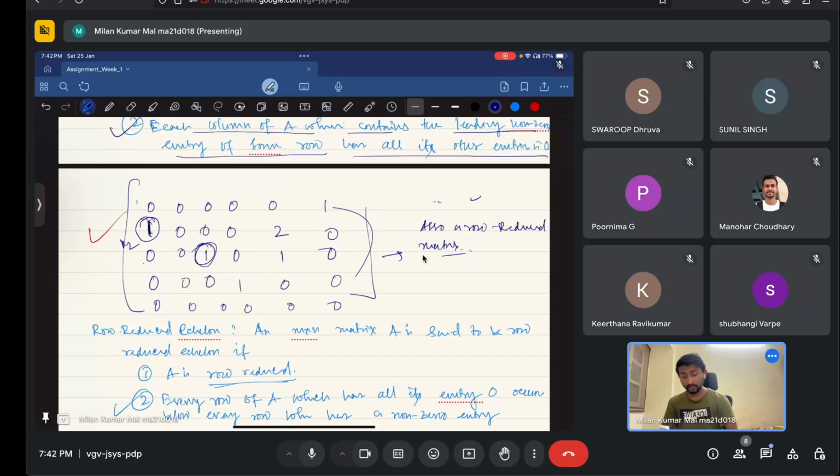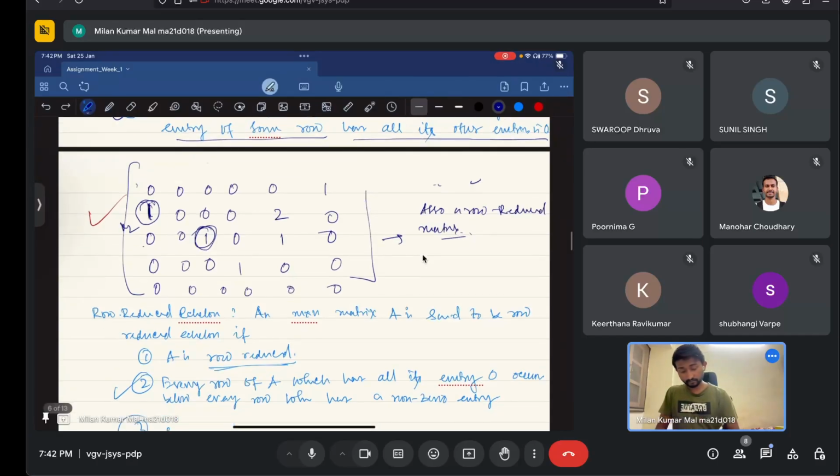What we have to do here is, this will be the first row, I'm just pointing out, this will be the second row, this will be the third row, and this will be the fourth row, and this is the fifth row.